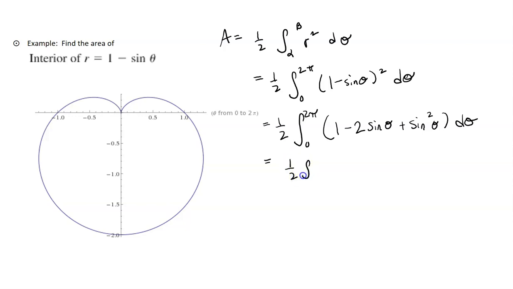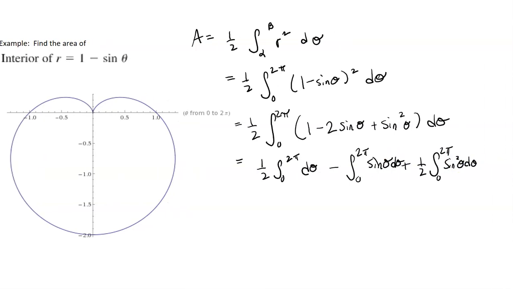So we'll have 1/2 times the integral from 0 to 2 pi of 1 d theta. 1/2 times negative 2 gives me minus 1 times the integral from 0 to 2 pi of sine of theta. And then we'd have plus 1/2 times the integral from 0 to 2 pi of sine squared of theta d theta. And we do need a d theta on all of these, so be careful with your notation.